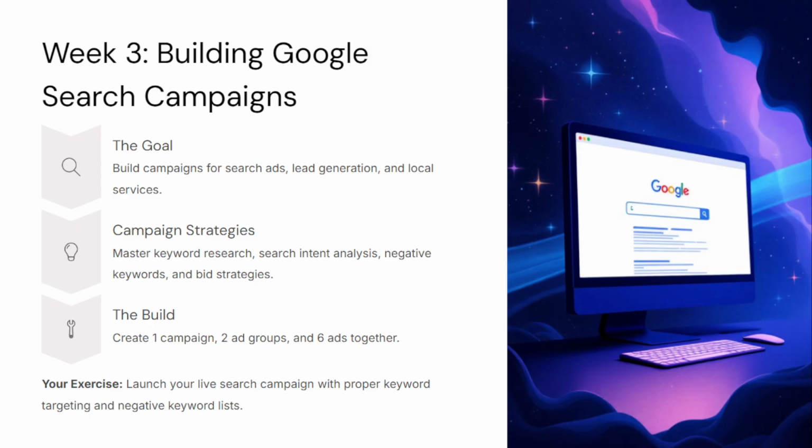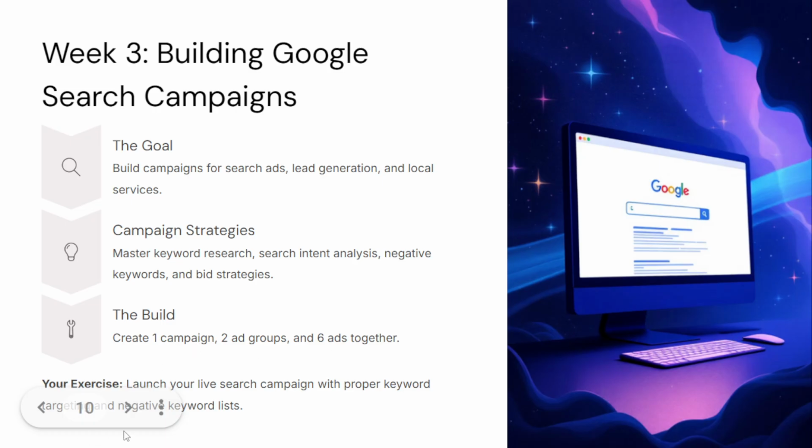But we are going to start with the basics, the hardest part of Google Ads marketing, which is search ads. If you fail to understand how a search ad works, you might not be able to really touch on demand gen, Performance Max, local search ads and the like. So we are going to build a campaign with 2 ad groups and 6 search ads.